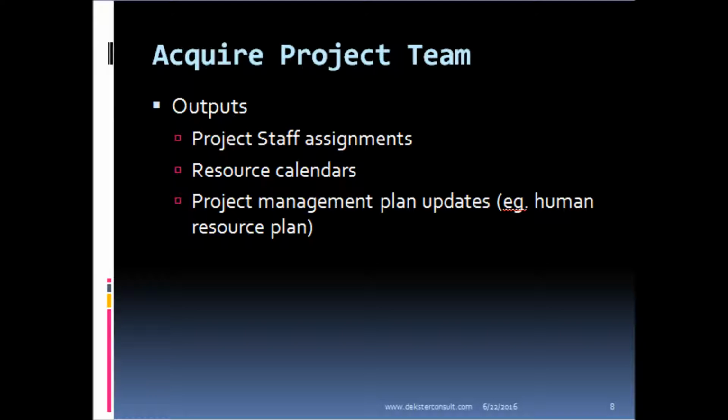And we could update our project management plan with the new information on staff that have been added and the plans that we have for them and so on. Various portions of the project management plan, especially the human resource plan, will be updated.